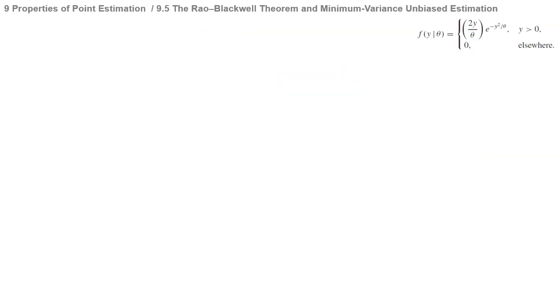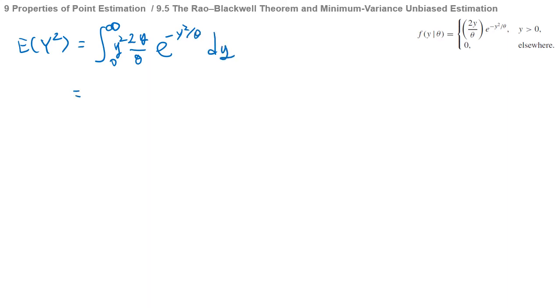So from the previous slide, the expected value of y square is the integration from 0 to infinity of y square times 2y over theta, e to the minus y square divided by theta, dy.